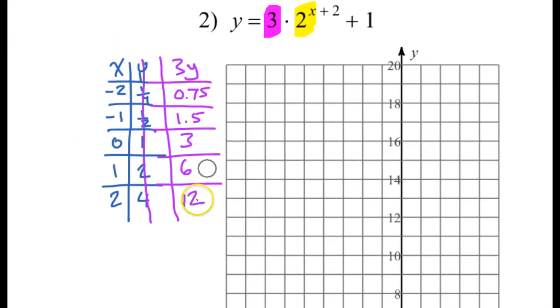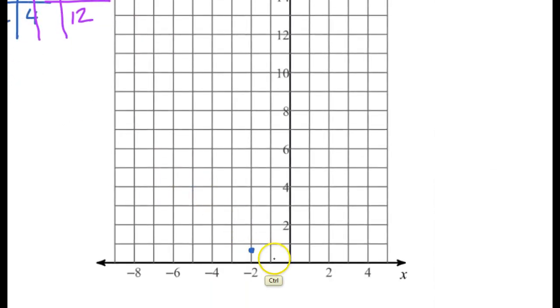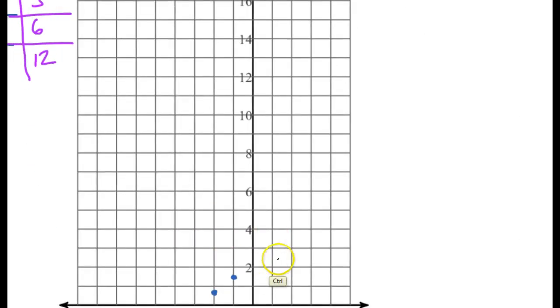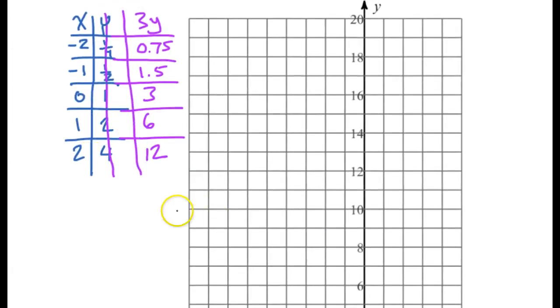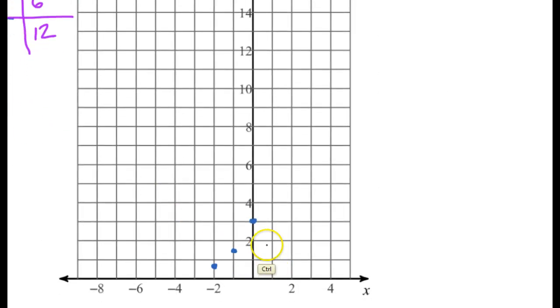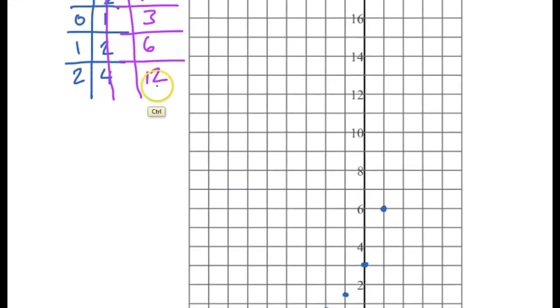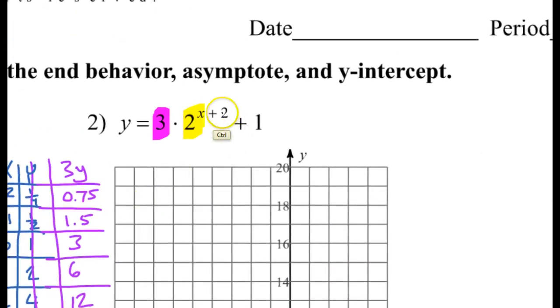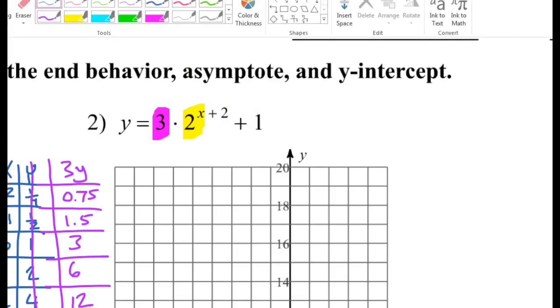I've got -1 and 1.5 would be here. 0, 3 is right there. 1, 6 is right here. And 2, 12 is right here. Now this is not the final answer because I have not done anything with the +2 and the -1 yet.